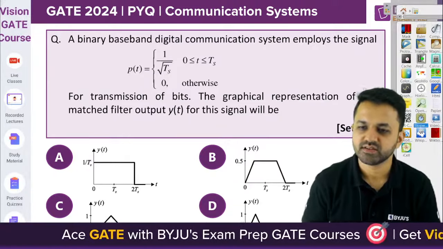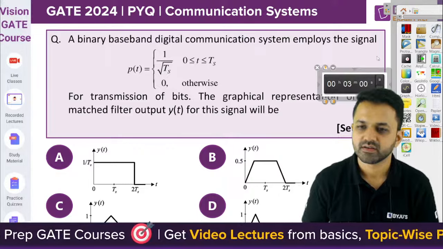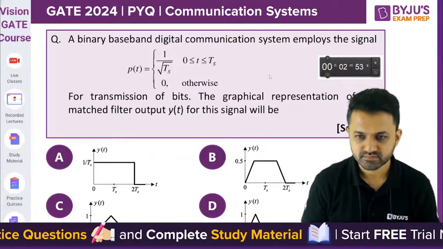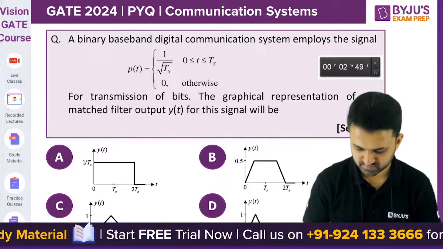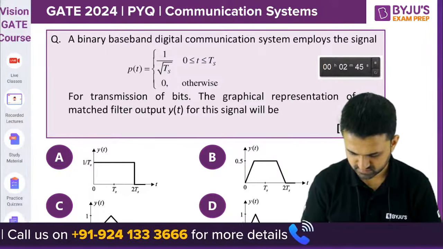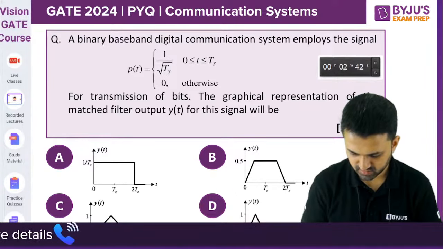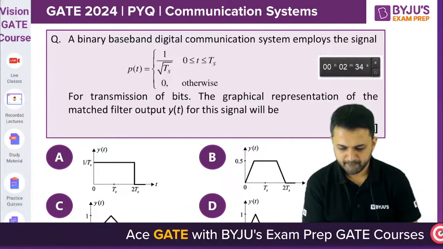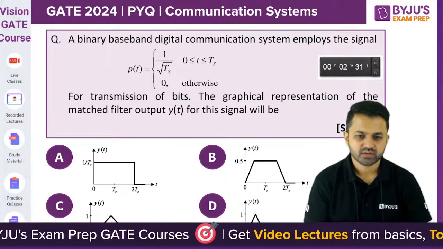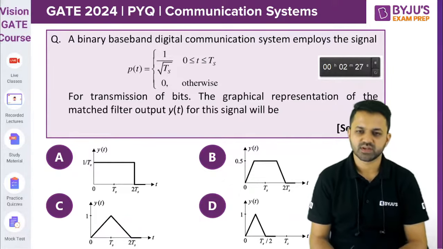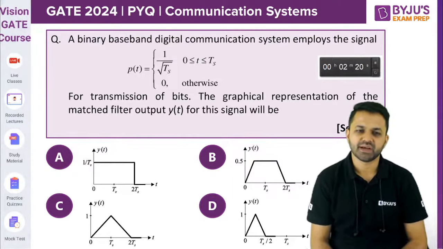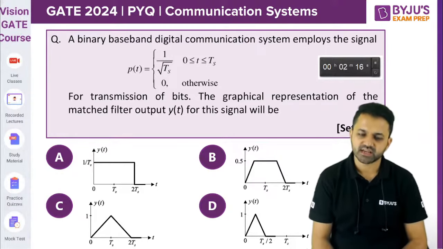Now, can you answer this one? Okay, so now he has gone. So let's pause it because you can see the options now clearly. Yeah, so these are the options. A binary baseband digital communication system employs the signal P of t equal to 1 upon root Ts, t between 0 to Ts, for the transmission of bits.